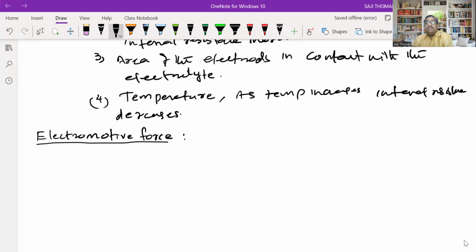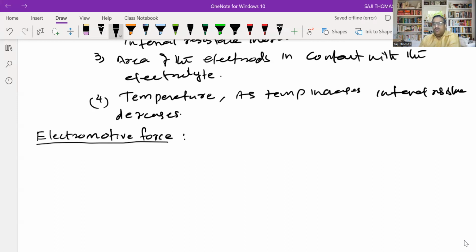The work done by the cell to drive a 1 coulomb positive charge through the entire circuit is known as the EMF of the cell.